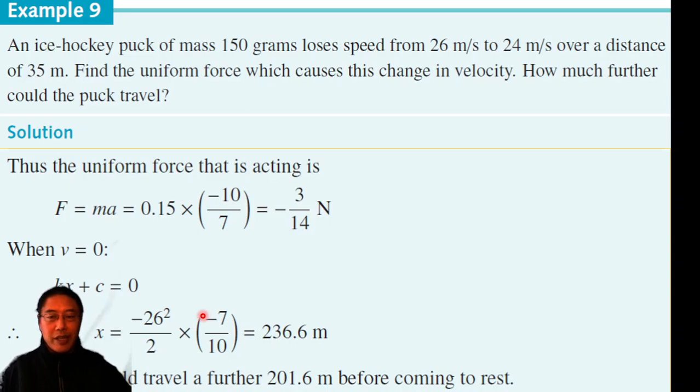We substitute k and c, and that gives us the amount evaluated, estimated. Don't forget, hang on, x is from when the velocity is 26, so you need to subtract the 35 meters to determine the extra distance traveled. This is from the starting point. Okay.